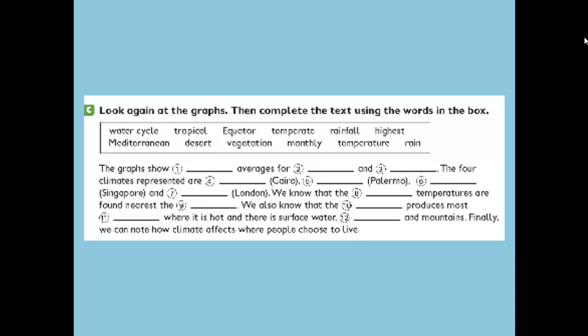We know that the highest temperatures are found nearest the equator. We also know that the water cycle produces most rain where it's hot and there is surface water, vegetation, and mountains. Finally, we can note how climate affects where people choose to live.